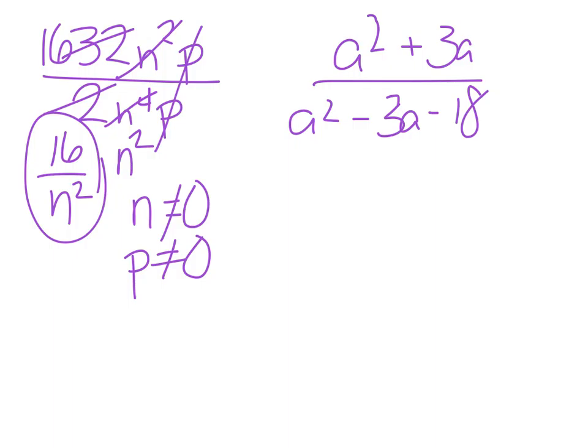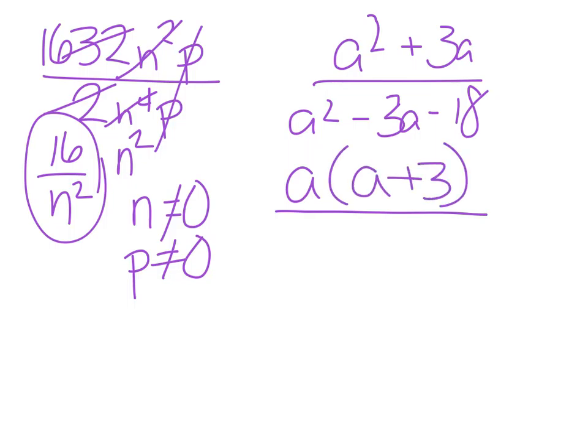Now on this, as soon as I see this one over here, I'm going to factor a out of the top, and I'm going to have a plus 3. Now on the bottom, it looks like it must be a quadratic equation, so I'm going to factor that. Let's see. I'm thinking 6 and 3.